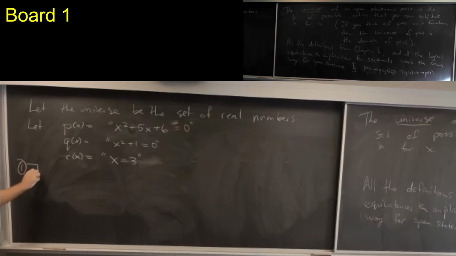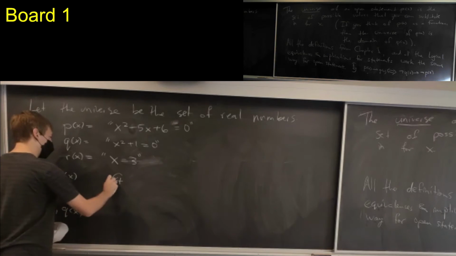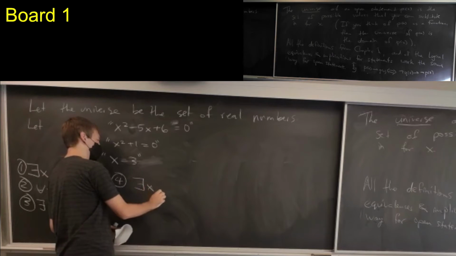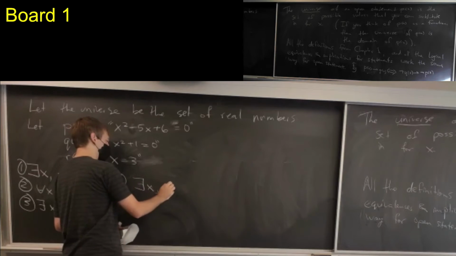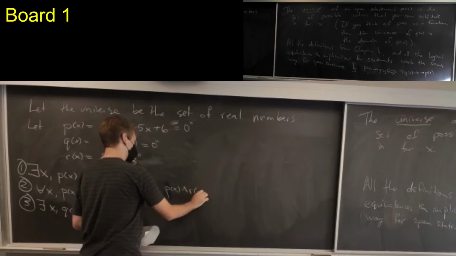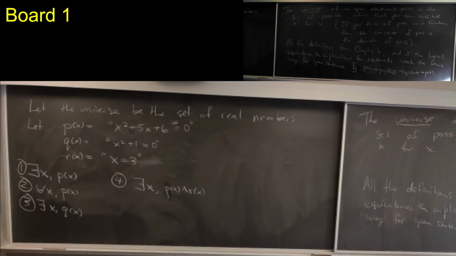First, there exists x, P(x). Secondly, for all x, P(x). Third, there exists x, Q(x). And let's throw in some other examples: there exists x such that P(x) and R(x). So we can take compound open statements and use logical connectives.